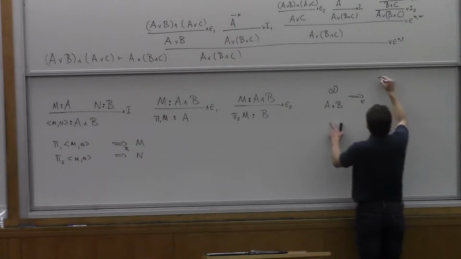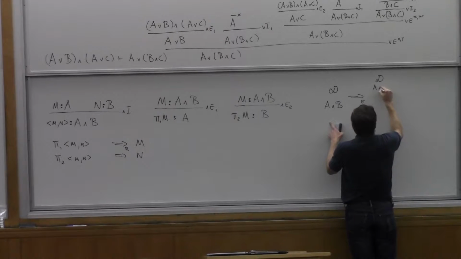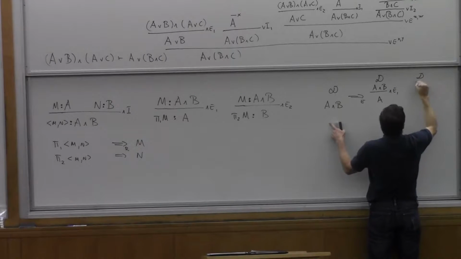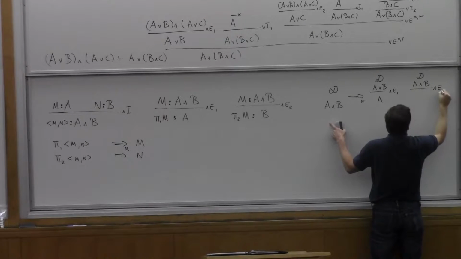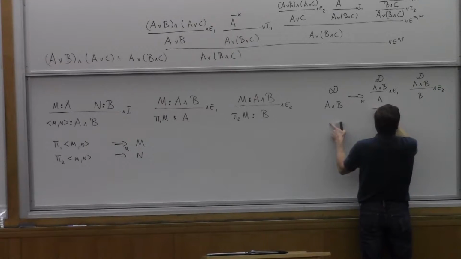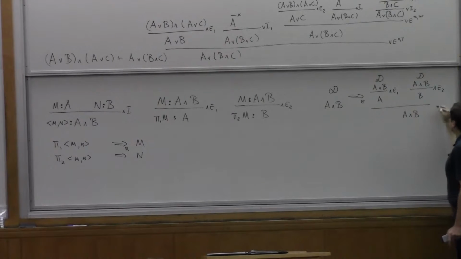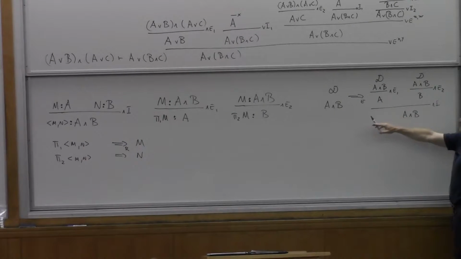So we take this proof of A and B, apply the first elimination to get A, then use it again to apply the second elimination to get B, and then we reintroduce A and B. So that was the witness for local completeness. We can apply the elimination rules in such a way that we can reintroduce a conjunction.